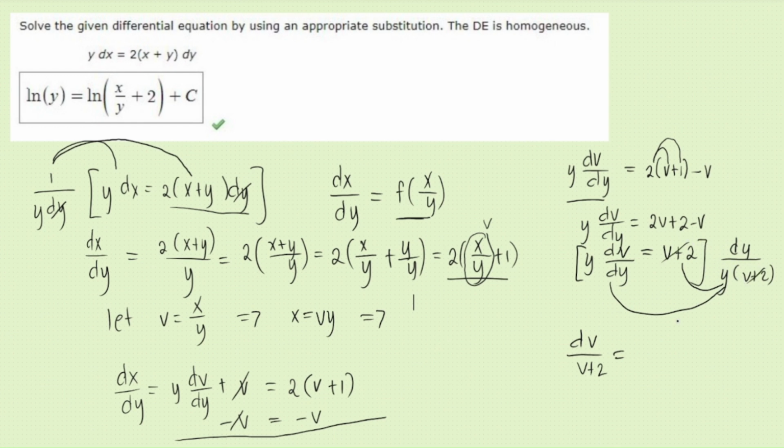We can simply have dy over y. Now it's easy to integrate both sides of the equation using logarithmic integration. So we have the integral of dy over y is equal to the integral of dv over (v plus 2).